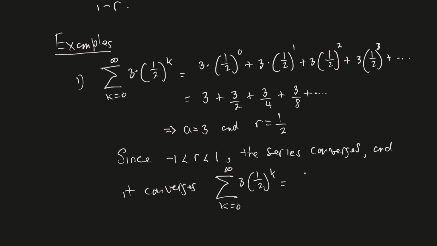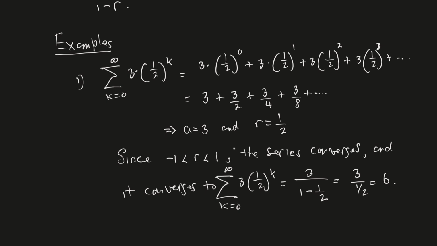So it converges to a, which is 3, over 1 minus r, so 1 minus 1/2. So this is 3 divided by 1/2, which is 6.